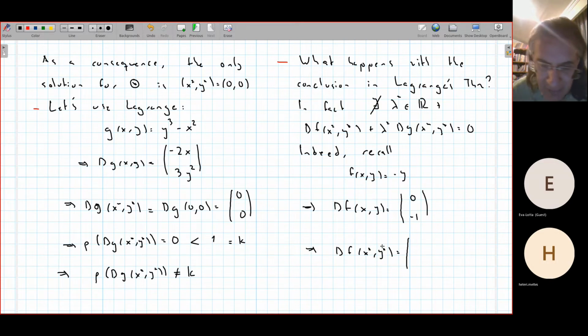And when you evaluate at the critical point, that's still 0 comma negative 1. Please let me know when you finish. I have finished. Okay, thank you.